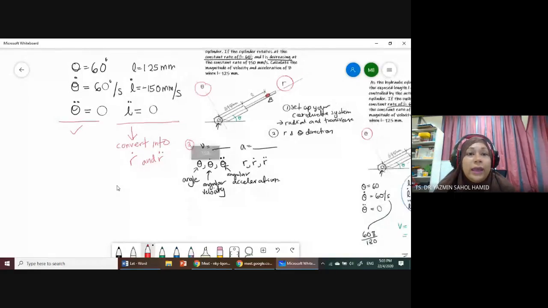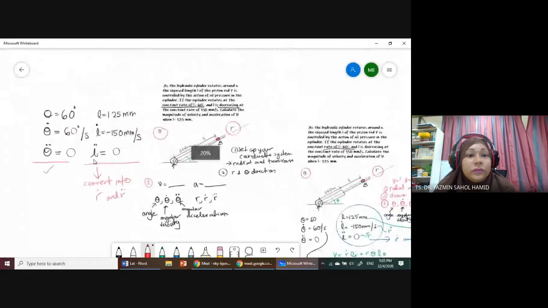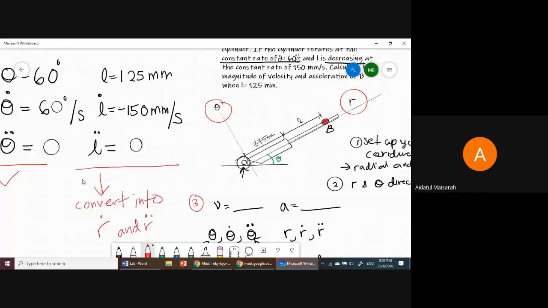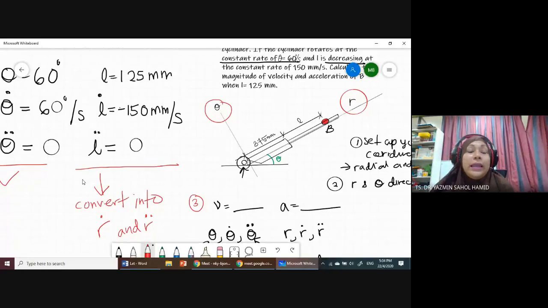Do you know how to do that? Okay, are we okay here? Are you progressing? Yes. Now we need to convert our length into R dot and R double dot.